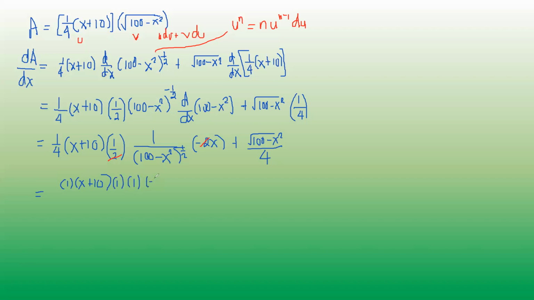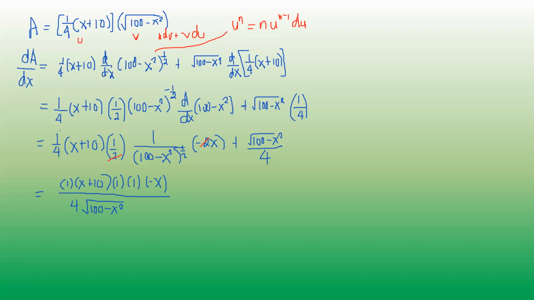Yung natirang negative x. Ngayon sa baba, 4. 4 na lang. Saka itong si square root of 100 minus x squared or yung quantity 100 minus x squared raised to 1/2. Ito yun, part na yan.